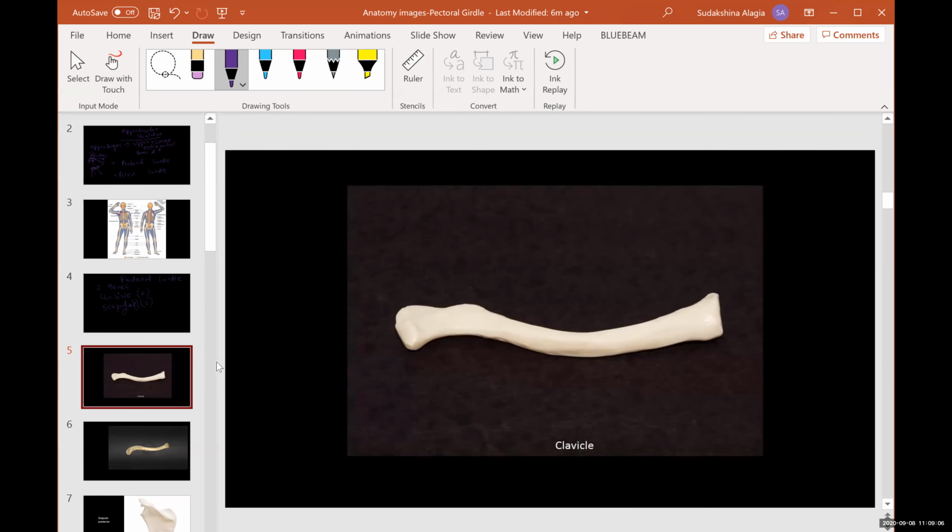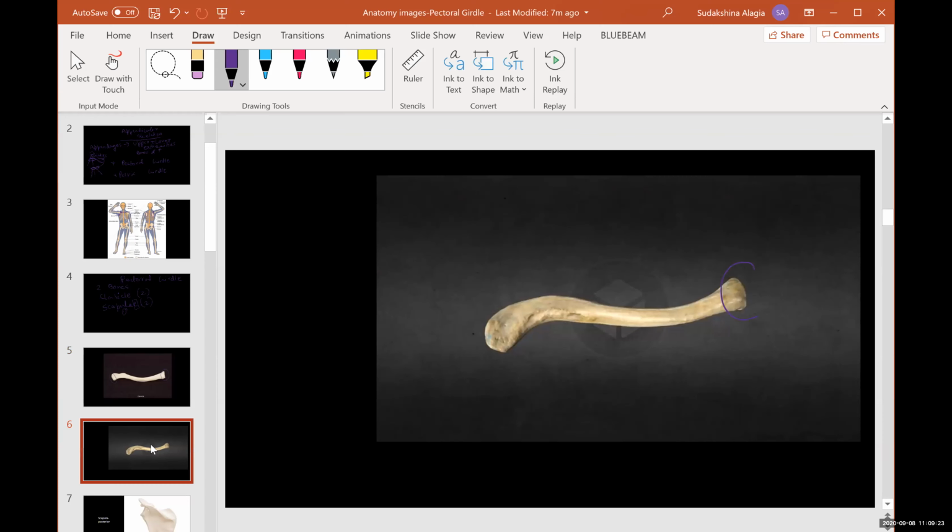So medially with the sternum, laterally with the scapula. How do you know which end is what? Basically, look at the edges. There is one rounder, one flatter. See that?